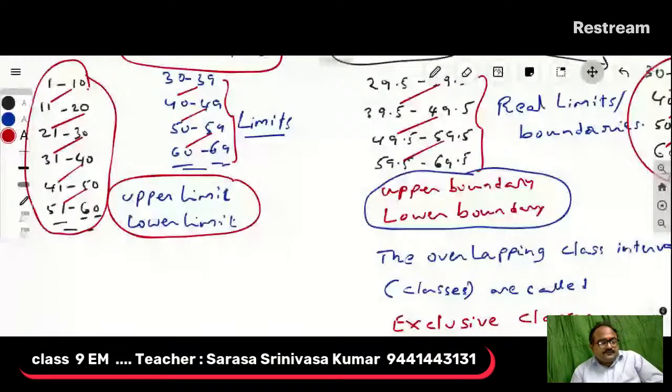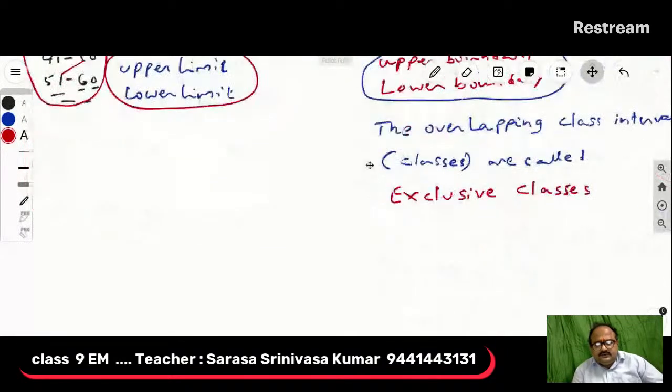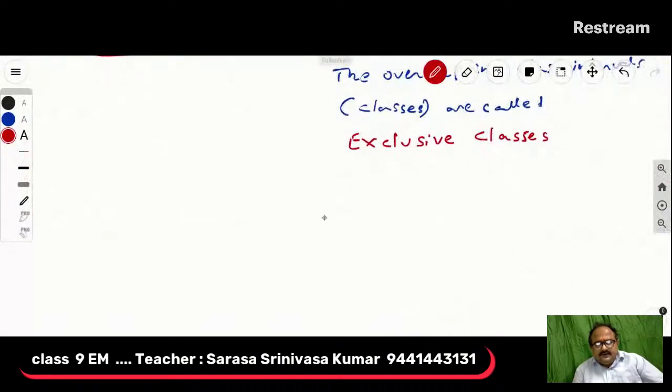Now, in this example, we write the length of the class interval. For overlapping class intervals, what is the length of the class interval?